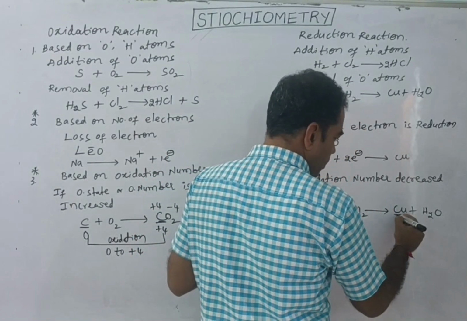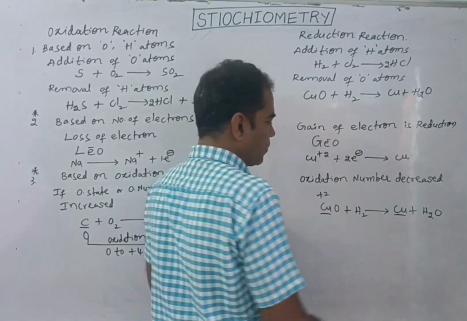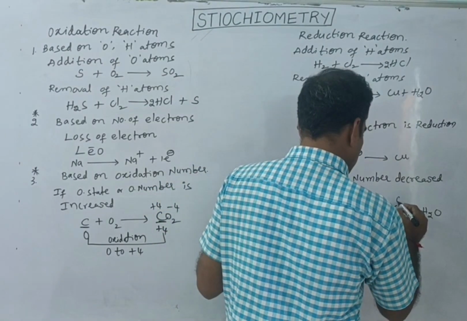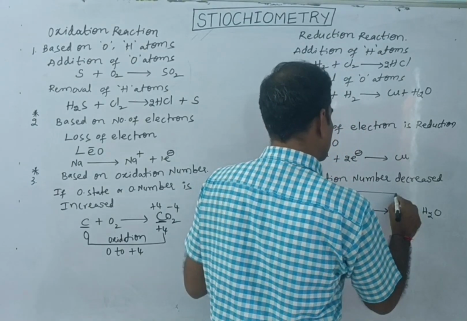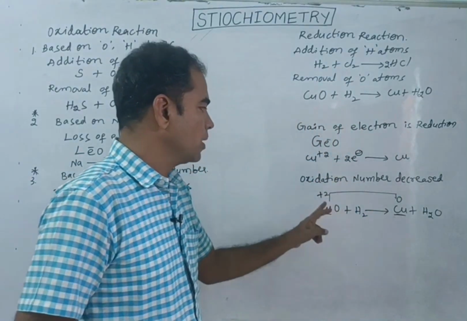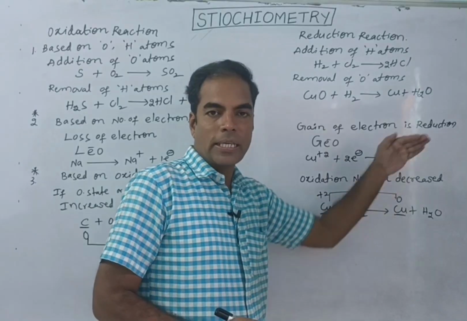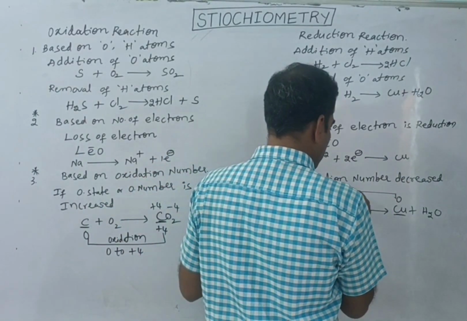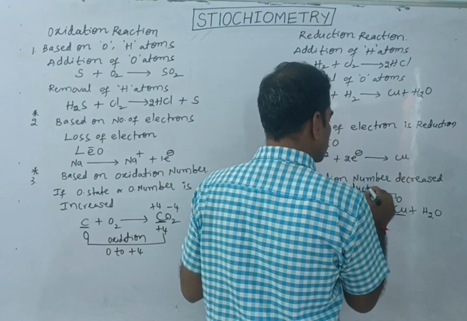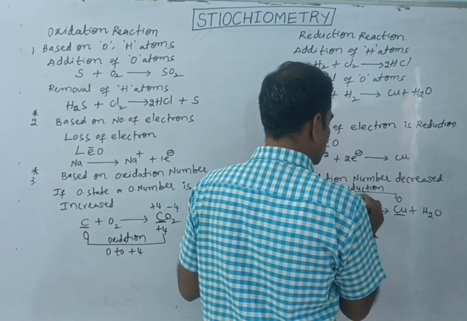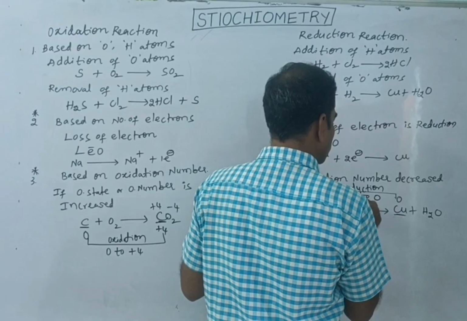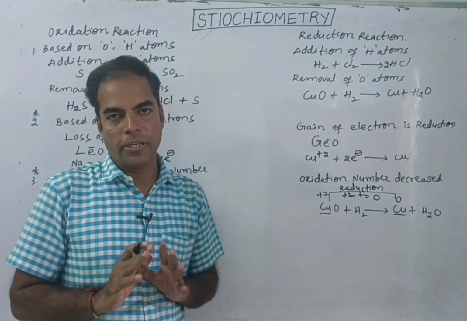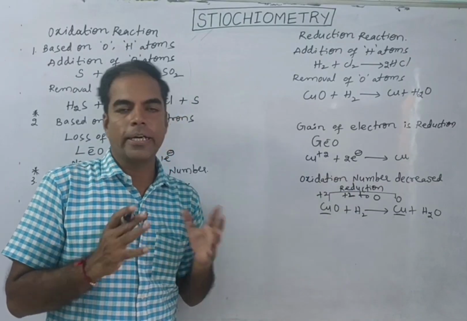Next, here copper is in elementary form, free state, that is oxidation number is 0. Here plus 2 to 0. Oxidation number plus 2 to 0 means decreases. Here reduction reaction. Simply increase in oxidation number, oxidation. Decrease in oxidation number, reduction.